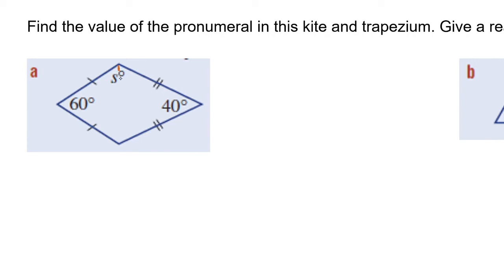So if I was to pop the diagonal in, I now have 2 isosceles triangles. That means that those 2 opposite angles there, the S and the one directly opposite, are going to be the exact same size. So when we split them down the middle, it's going to be the same on one side as it is on the other. They're going to be the same.